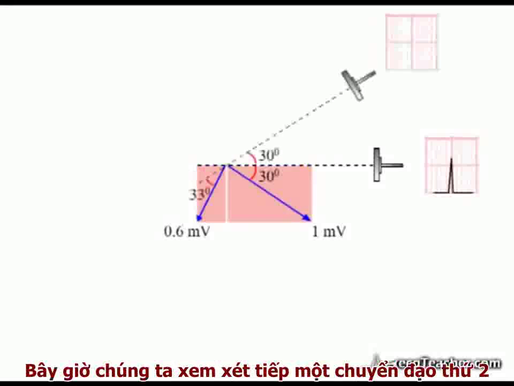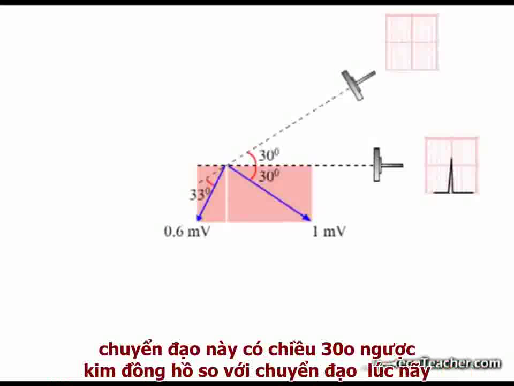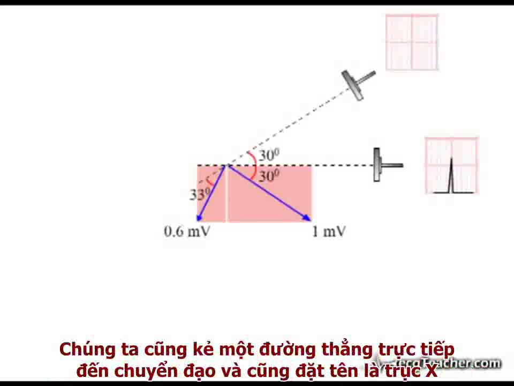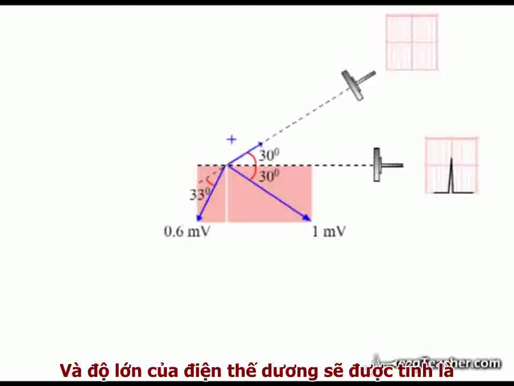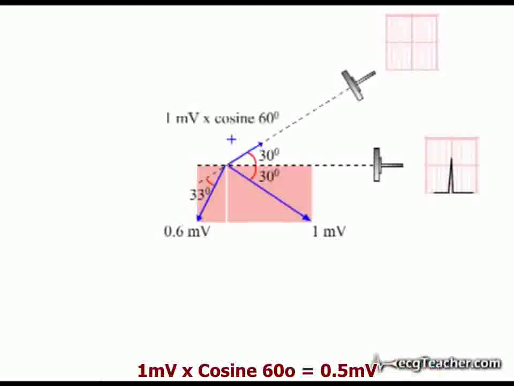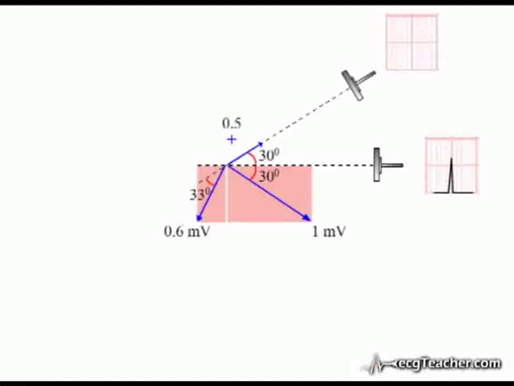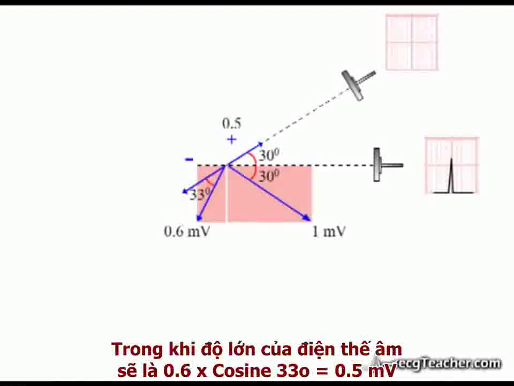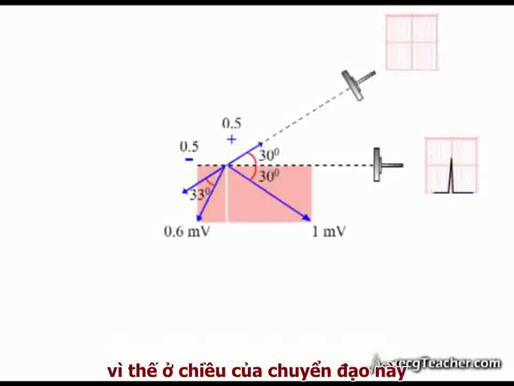Now consider a second lead sensing these events 30 degrees anti-clockwise from lead A. We let the direct line to this lead define the x-axis, and the magnitude of the positive signal is 1 millivolt multiplied by the cosine of 60 degrees, giving a value of 0.5 millivolts, while the negative signal is 0.6 multiplied by the cosine of 33 degrees.